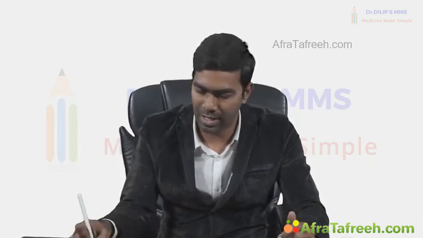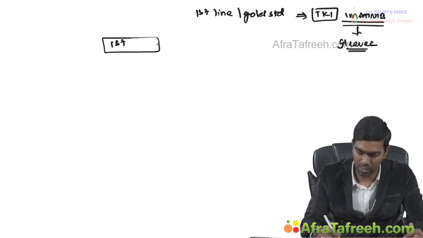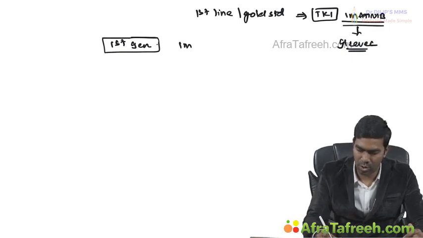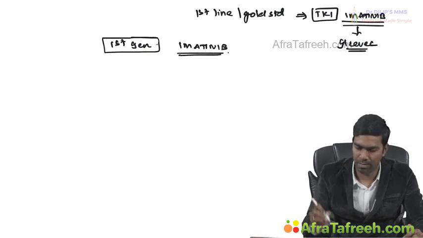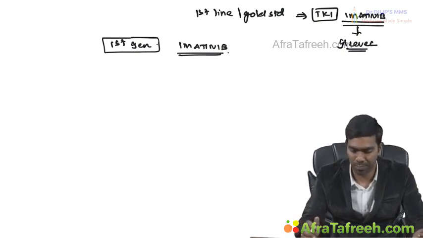This has completely transformed the life of a CML patient and increased the survival rates like anything in the last 2 decades. Okay, the first line or first generation TKIs, that's what I'm going to tell. First generation, let us remove the name first line and we will put first generation TKI. The only first generation TKI that we have is imatinib, and it still remains the gold standard, as I told you, and still remains the first line even 20 years after discovery.